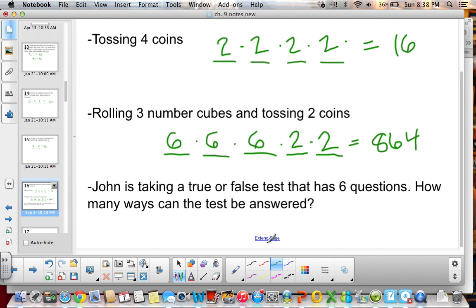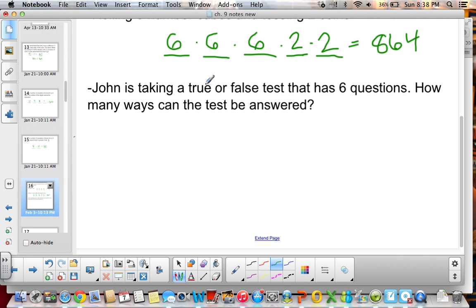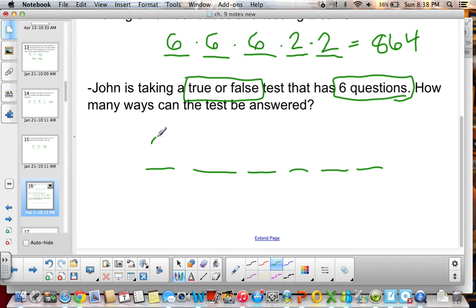And then our last example, John is taking a true or false test that has 6 questions. How many ways can the test be answered? So for each question, we are going to count how many outcomes. See how I'm looking at the number of questions and then looking at the number of outcomes from there. For each question, we're told that it's a true or false test, which tells us that there's 2 options for each question.